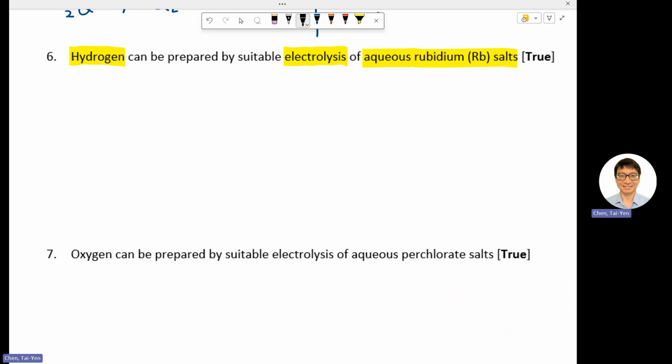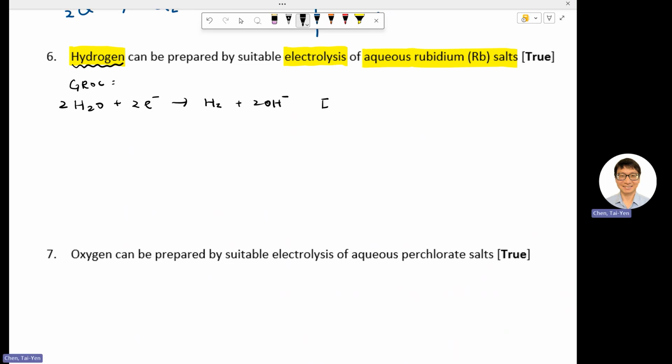Hydrogen is the reduction product of your water, because we just said that at the cathode, 2H2O plus 2 electrons is going to give you H2 plus 2OH minus.